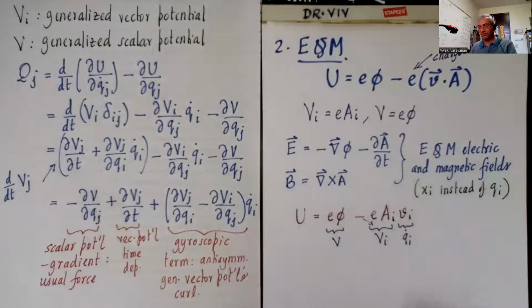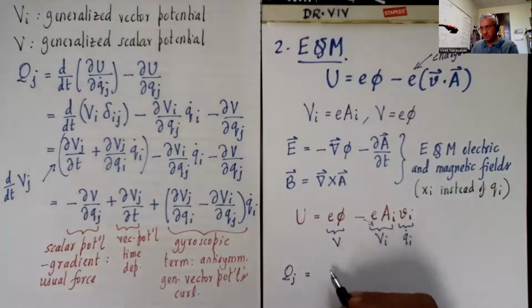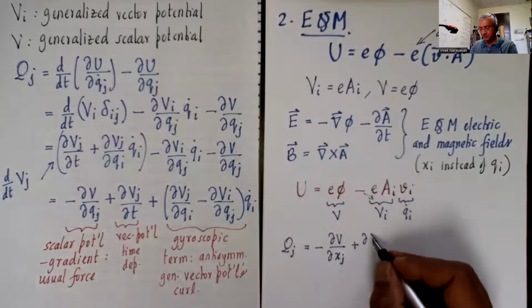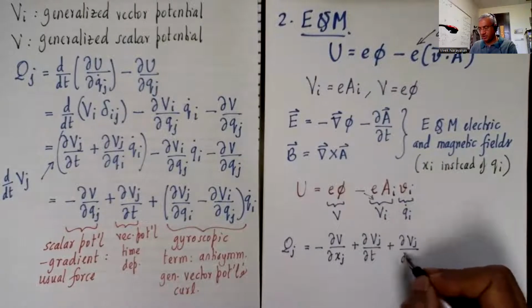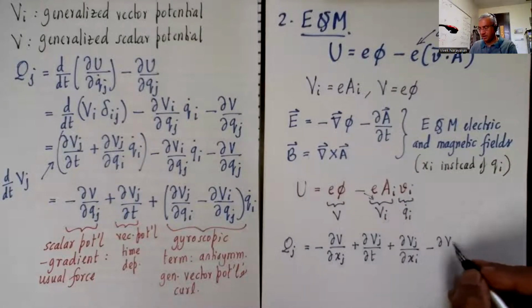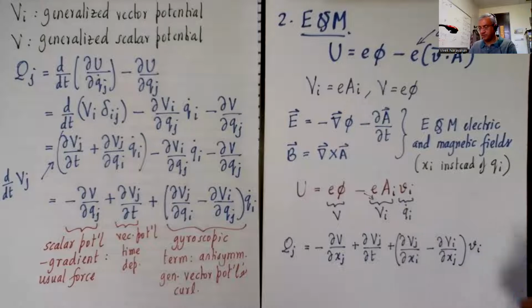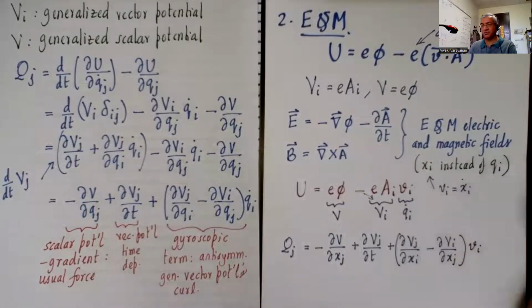Now let's form the generalized force. So Q j is that, and that's going to be negative del V over del X j, plus del V j over del T, plus del V j over del X i minus del V i over del X j, times the velocity V i. Q i dot will be X i dot, but X i dot is V i. All right, so that's our generalized force.